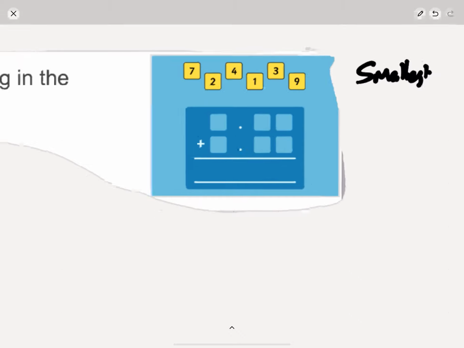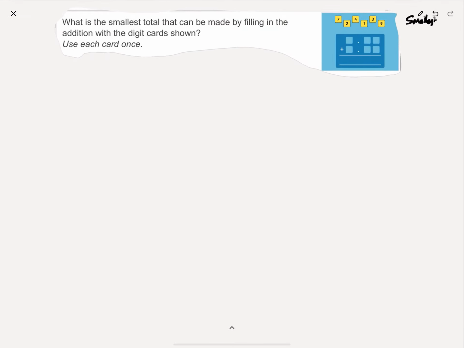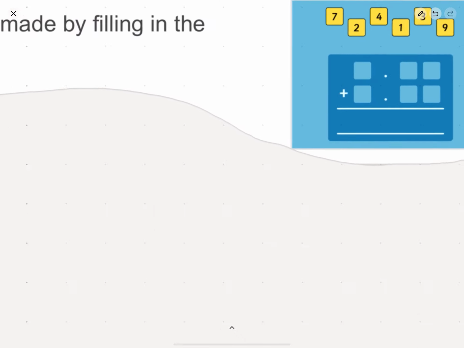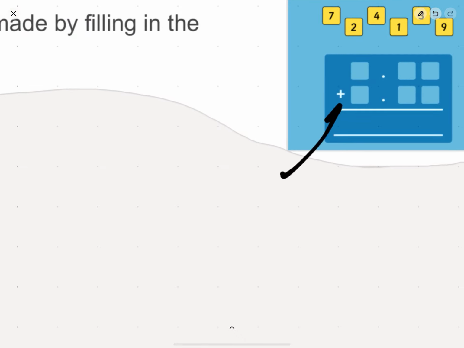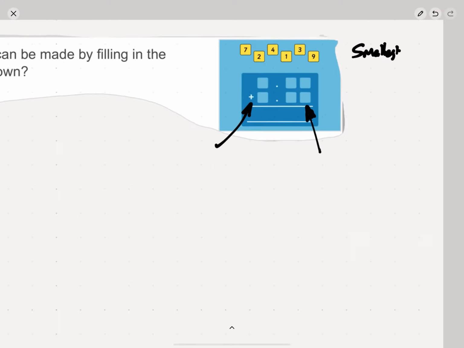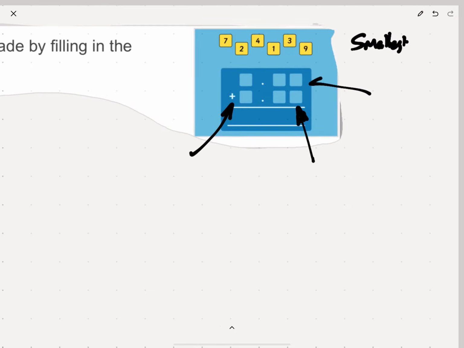Okay, so if you're trying to make the smallest amount, then your smallest digits have to go here and your largest digits have to go here, because at this point in your number, it has the smallest moving power over the number. So if I put a 9 there and a 1 there, it's very different to putting a 9 here and a 1 here. Here is a difference of 8.